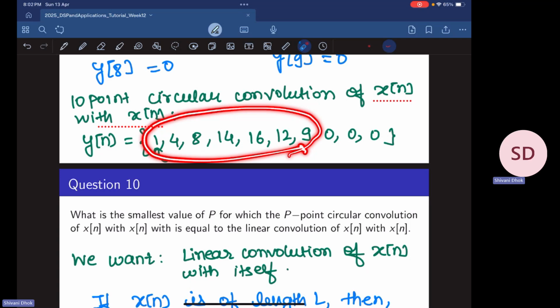If I take 6, I'll start getting overlaps. But if I take 7-point circular convolution, I won't get overlaps. For any value of p greater than 7, we will get no overlaps after little n equal to 7, and we can take the first 7 values of my circular convolution as equal to my linear convolution.